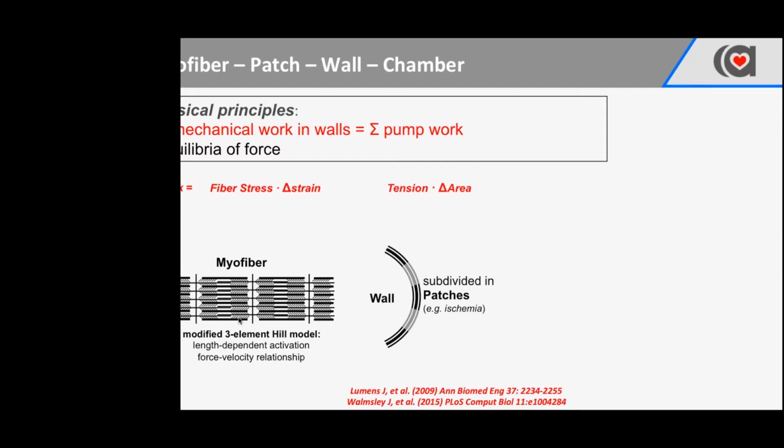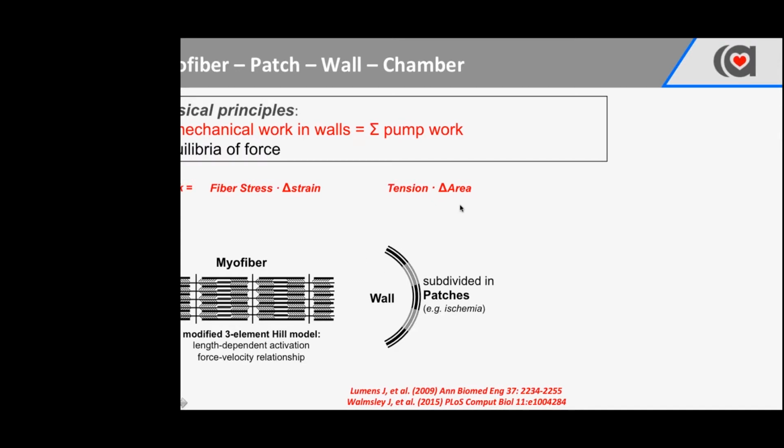Now, if you know that, then you see in the top there that the work is equal to fiber stress times strain, the difference in strain. But that is also valid for tension times the change in area size. And that holds then from the myofiber towards the wall.